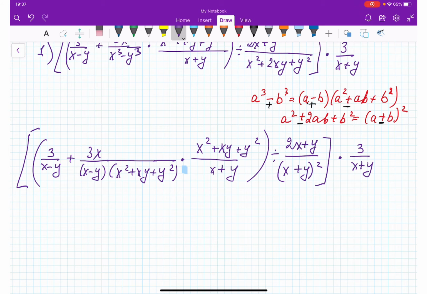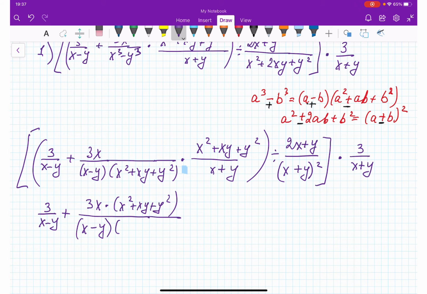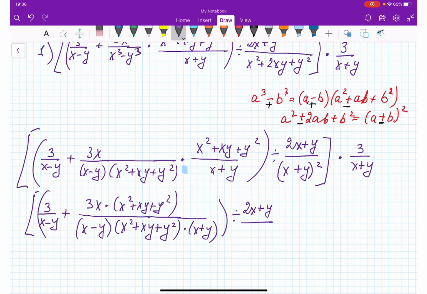Okay, so 3 over x minus y plus 3x over x minus y times x squared plus xy plus y squared, times x squared plus xy plus y squared over x plus y, put in parentheses, divided by 2x plus y over x plus y squared and times 3 over x plus y.